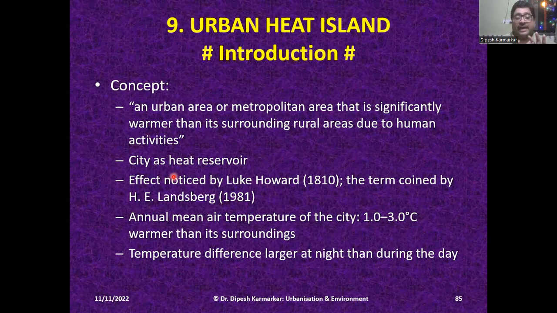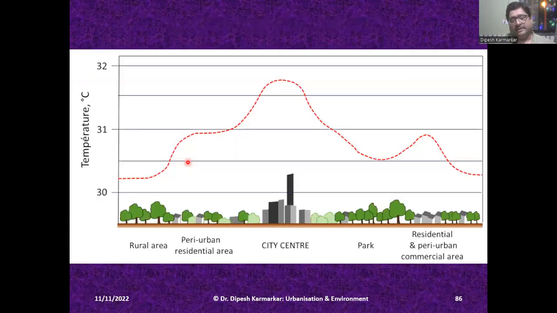This is the average annual mean air temperature we are talking about. Now, these temperature differences between urban and rural areas are much larger at night as compared to the day, right? So this, in a nutshell, is the meaning of urban heat island.